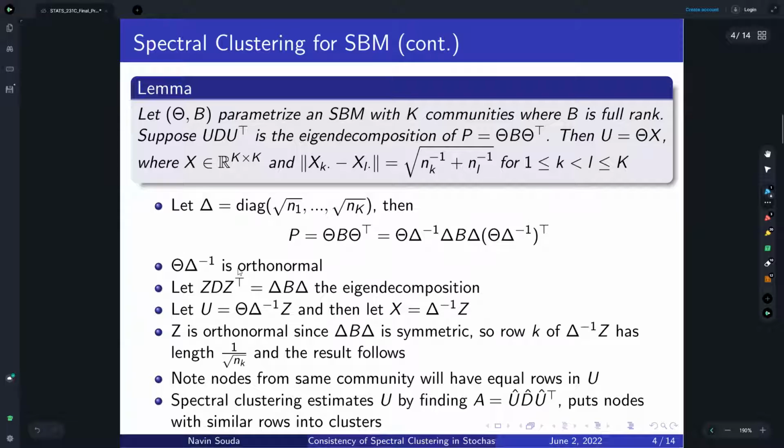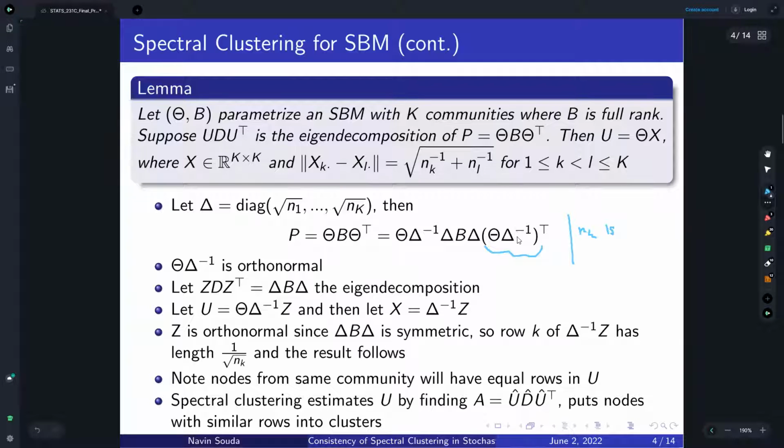One thing to notice is that theta times delta inverse is going to be orthonormal, because the kth column of theta is going to have n_k ones.